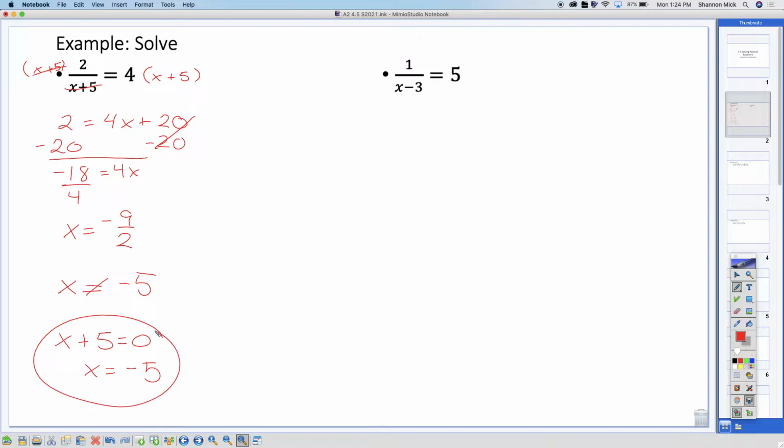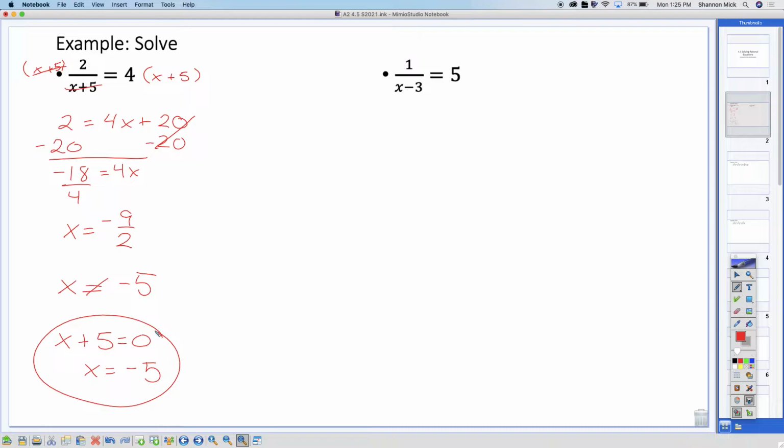Now, you are going to need to take a second, stop and look at your answers, and see if you get an answer that makes the denominator 0, you have to exclude it from your solution set, or it's no solution if it's all of them. You have to be aware of that. I wrote x plus 5 equals 0 to show why I knew it was negative 5, because you set the denominator equal to 0 to find out what it can't be, and the denominator is x plus 5.